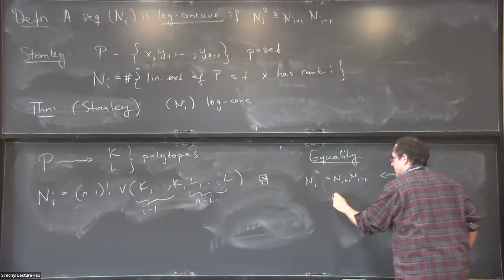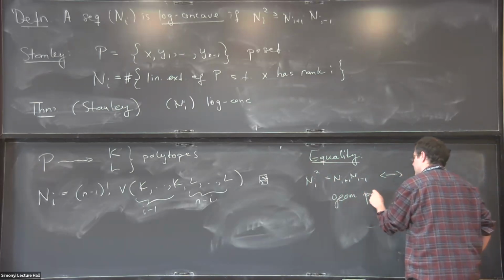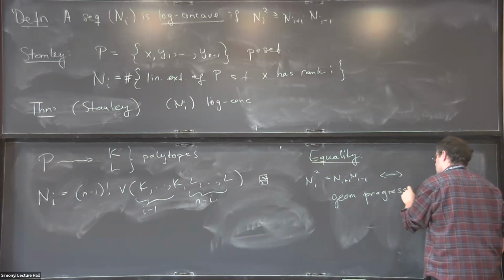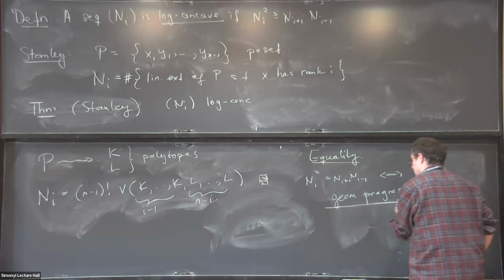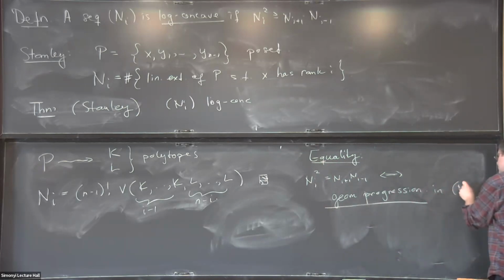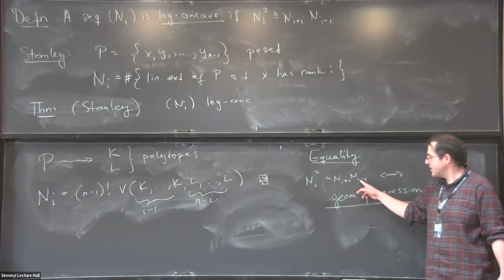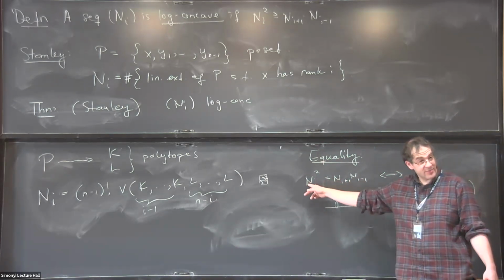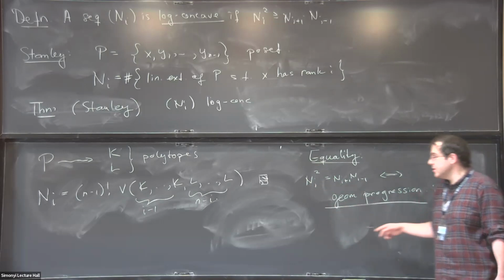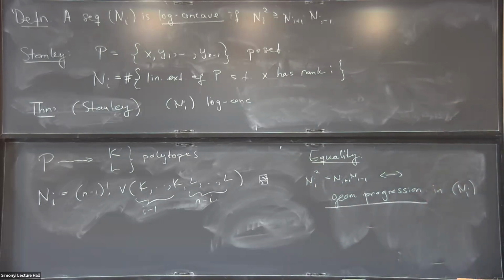That's nothing else than saying that we have a geometric progression in the sequence N. That means N_i is some constant times N_(i-1), and N_(i+1) is the same constant times N_i. So the question about equality cases in the Alexandrov-Fenchel inequality is equivalent, in these kinds of constructions, to the question about whether we can understand the geometric progressions that arise in log concave sequences.